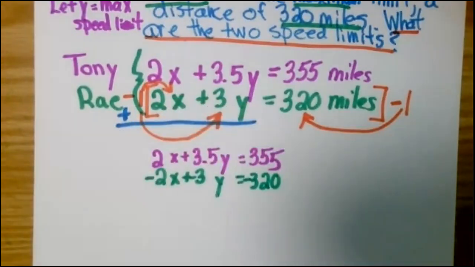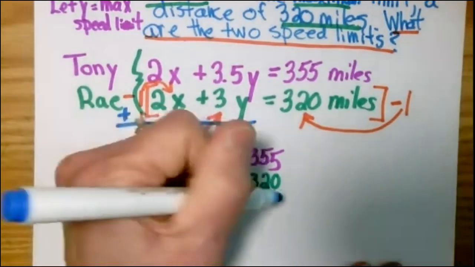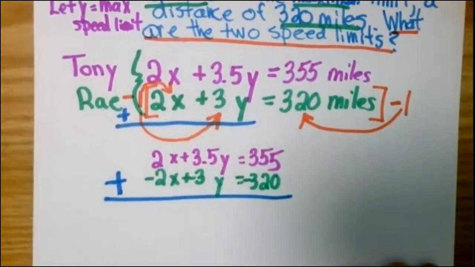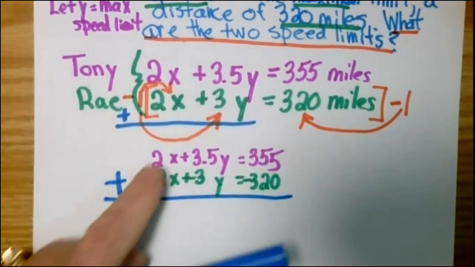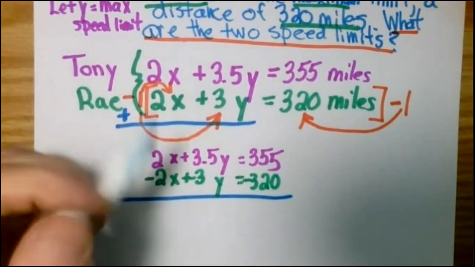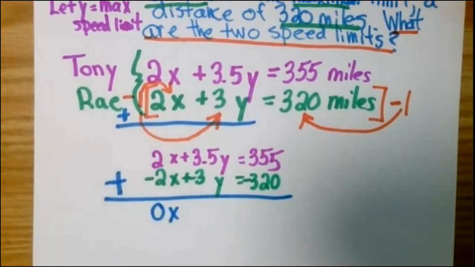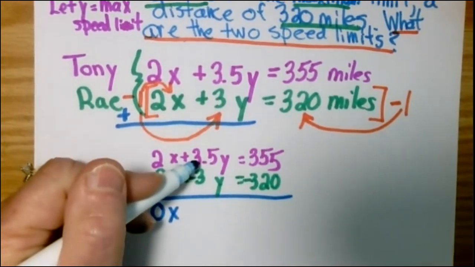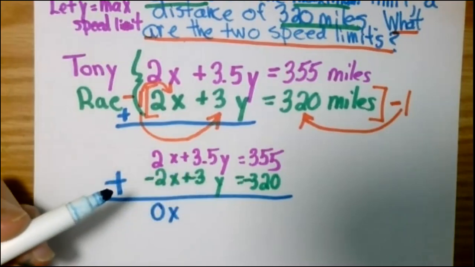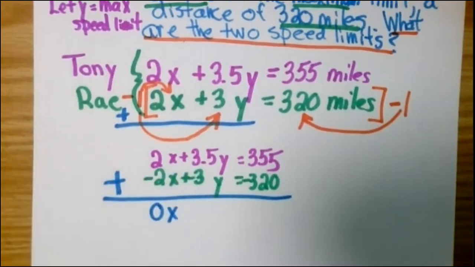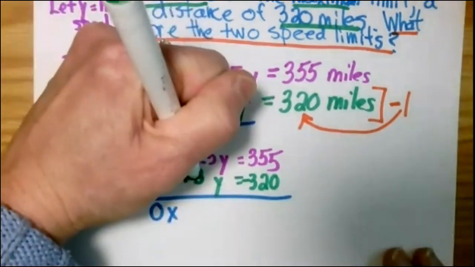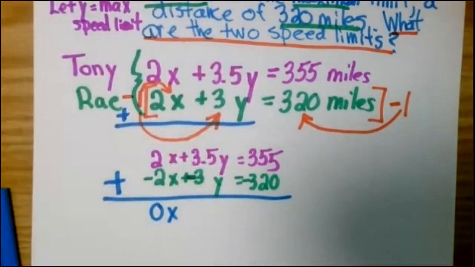Okay, I just rewrote the second equation, so now I can eliminate a variable. Which variable will get eliminated from this method? In our case now, the x, right? 2x plus negative 2x will turn to a 0x. 3.5 plus, is that a negative 3? Yep, that's a negative. It's hard to see that. Make sure you can see that. 3.5y plus a negative 3y.